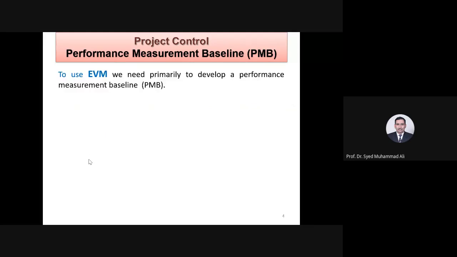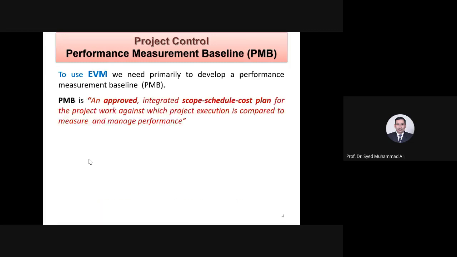Now, let's come to the performance measurement baseline, PMB. To use earned value management, we need primarily to develop a performance measurement baseline. So the baseline primarily is to measure the performance. If you don't have a baseline, if you don't have an original plan, against what are you going to measure? So you need that baseline. So what is the definition of this?